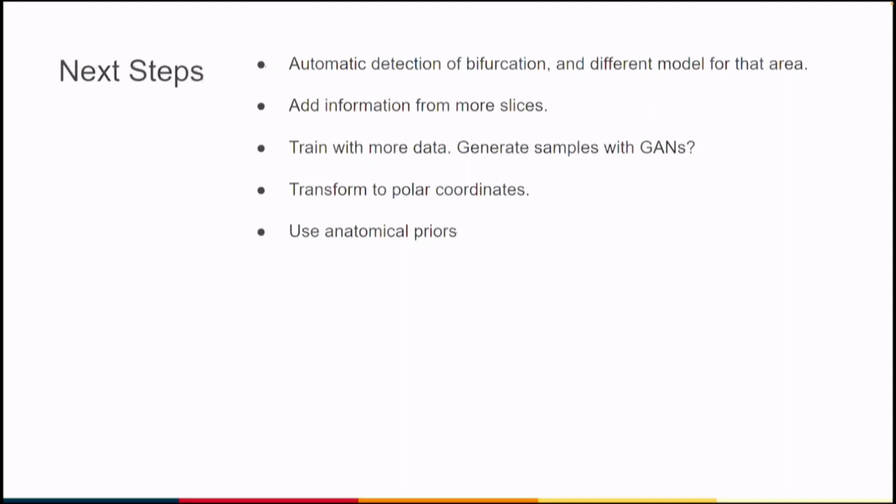Also, we are trying to predict circles, and I think that if we perform some kind of transformation, because we have this anatomical prior, we know the shape that we're trying to predict, and if we convert it to some kind of curve, maybe it's going to be an easier problem. Right now we are not performing any kind of post-processing, and sometimes our predictions are not a perfect circle, and that has an impact on the score in this challenge.